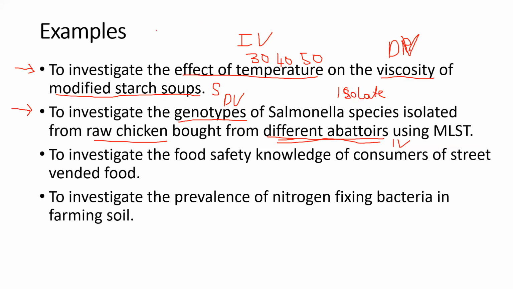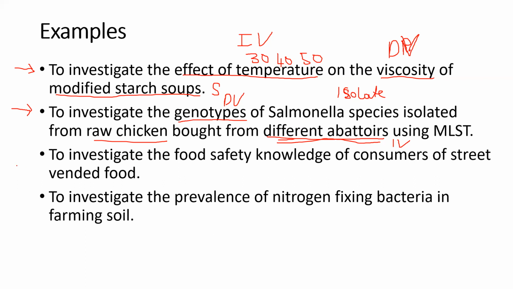So unlike the first one, where the independent variable was a treatment, in the second one the independent variable is not a treatment, it's a characteristic which categorizes the sample. So in the first one, for treatment, we get groups of samples treated differently. In this one, we get different groups of samples based on different inherent characteristics, which is different abattoirs.